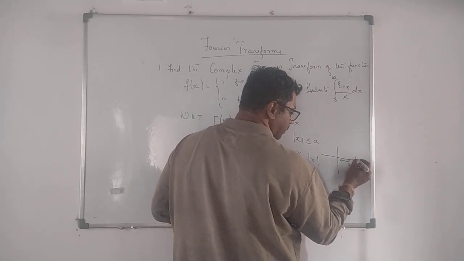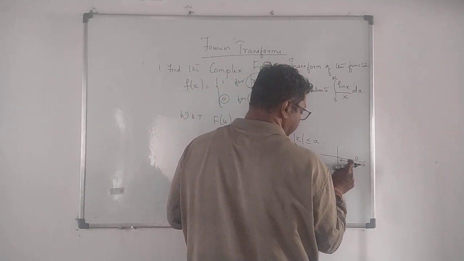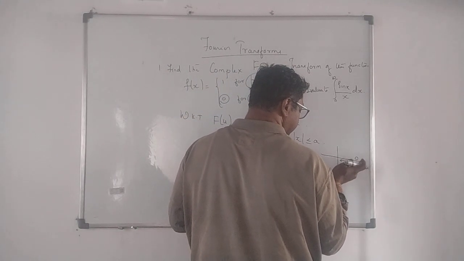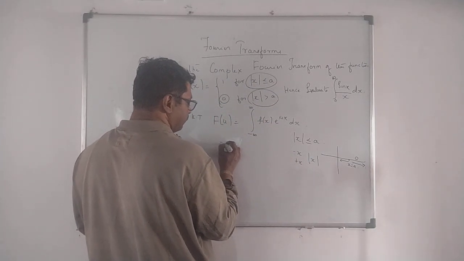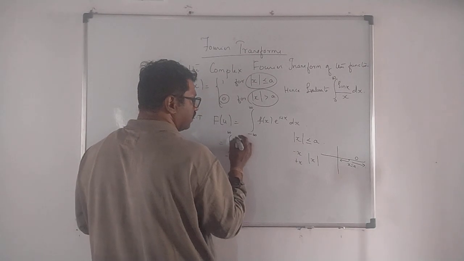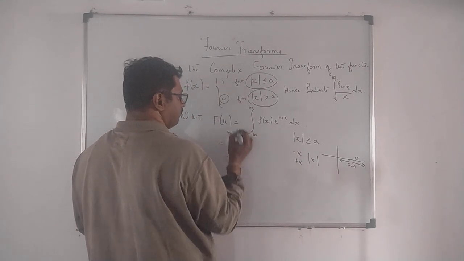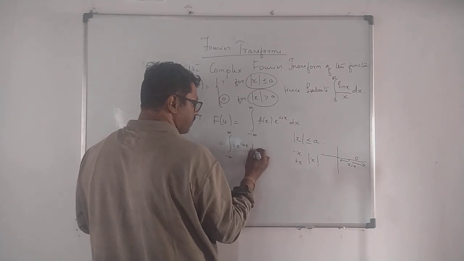A is 0 here. The function is 0 here. So from here to here, they are considering the value. So you have to consider this part, minus infinity to infinity. f of x is what? 1, e to the power of iux dx.